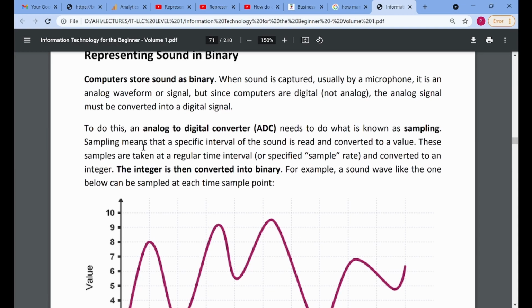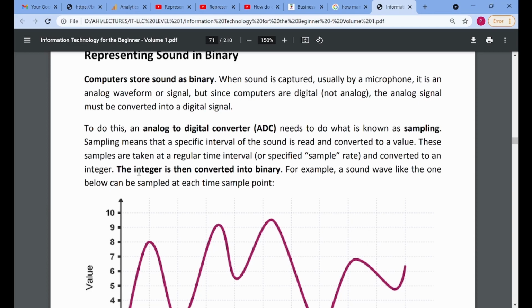Sampling means a specific interval of sound is read and converted to a value. These samples are taken at regular intervals or specified sample rate. We are saying that they are taken at regular intervals and converted to a number, an integer.